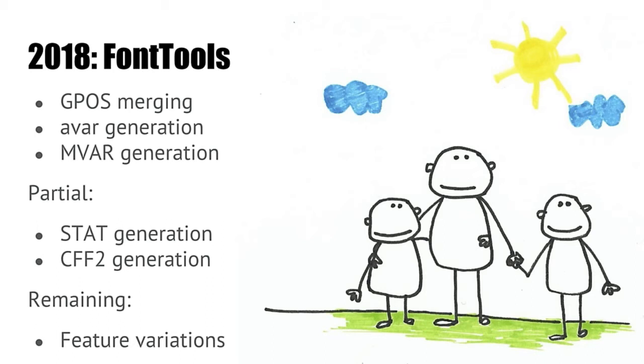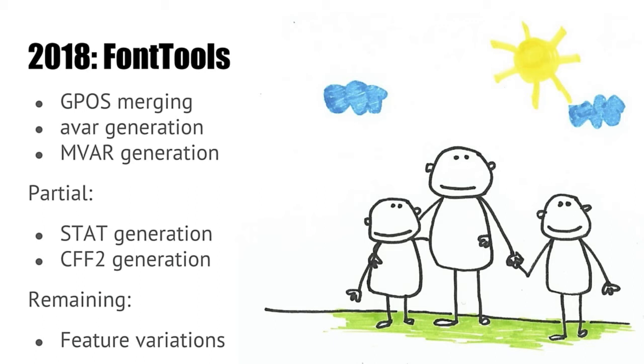CFF2 generation didn't make much progress. We did integrate Read Roberts' code for CFF2 in FontTools itself. However, it's not integrated in our variation font generation, so you still have to use the makeOTF pipeline for that, which calls into FontTools, but is not the same as FontMake.